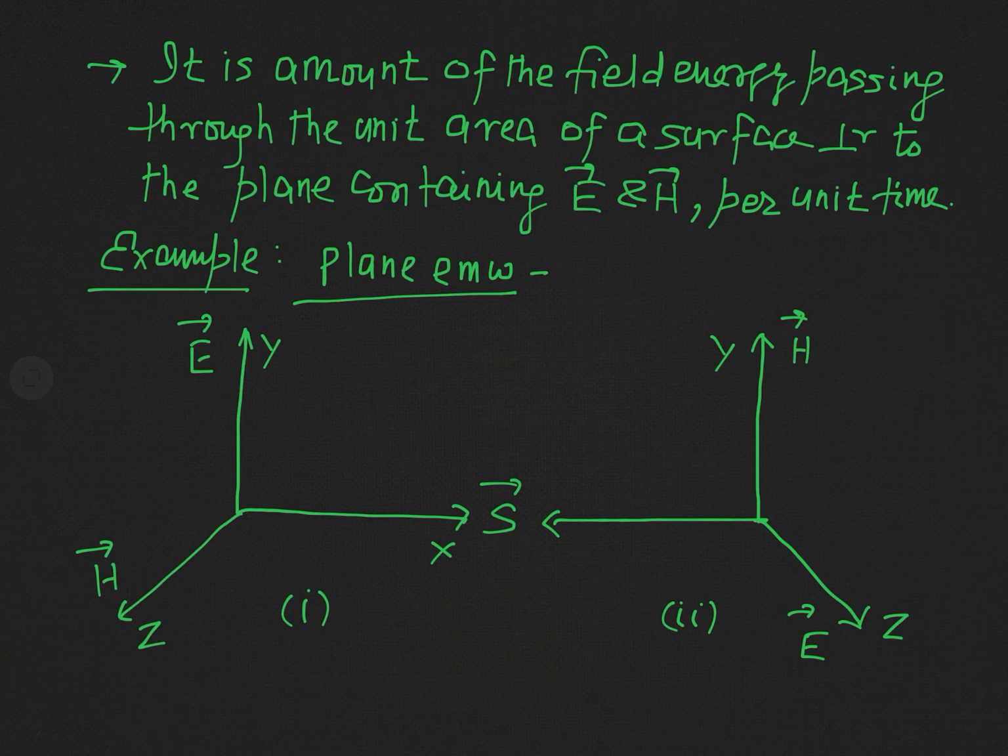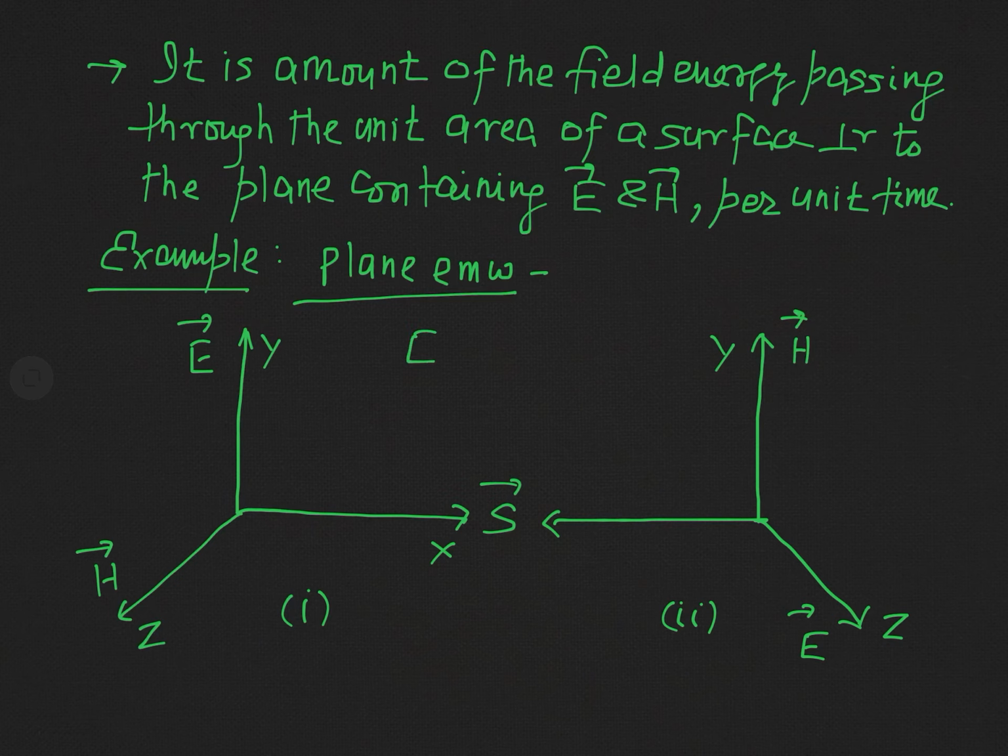Let us now take an example. In case of a plane polarized electromagnetic wave, the two field vectors, the electric field vector E and the magnetic field vector H, are perpendicular to one another.